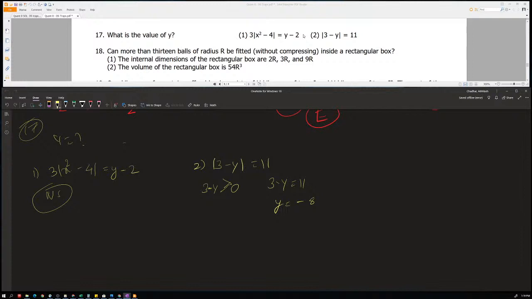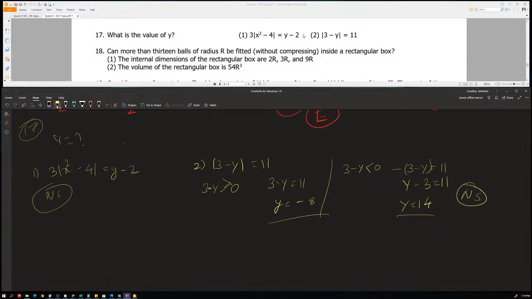The second condition is when 3 minus y is less than 0, then we multiply it with the minus sign. So y minus 3 is equal to 11 and y is equal to 14. We put 14 here: 3 minus 14 would be minus 11, which is less than 0, which is fine. So y has two values basically, so it is not sufficient.